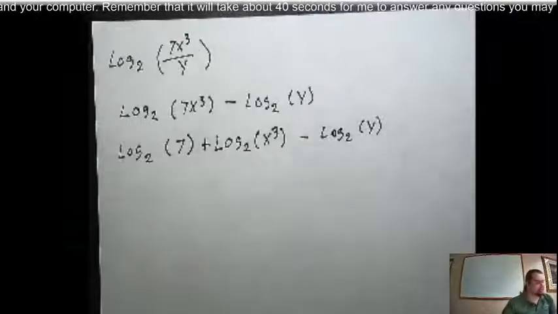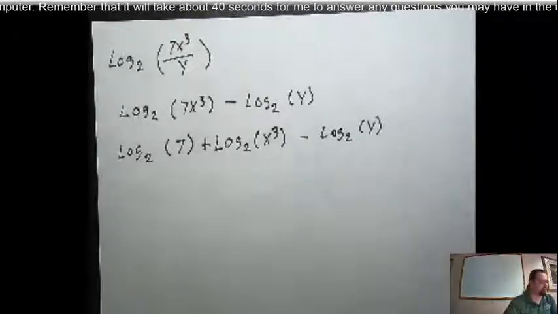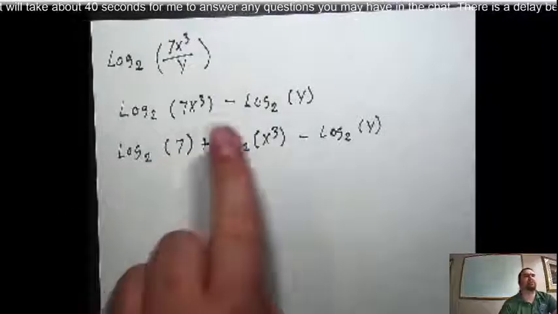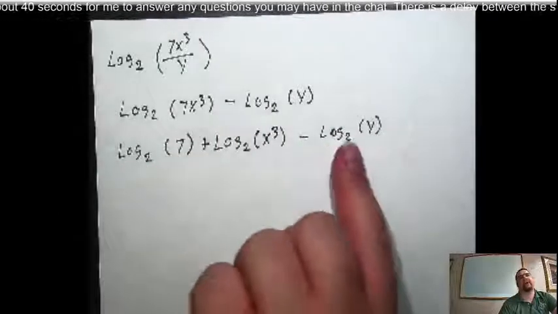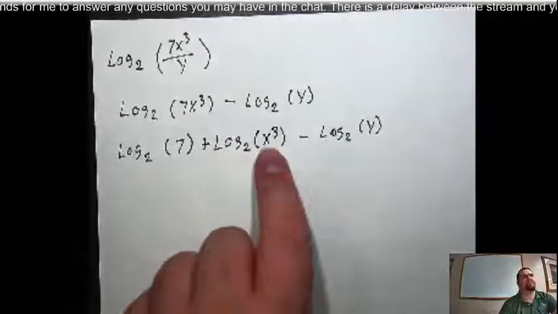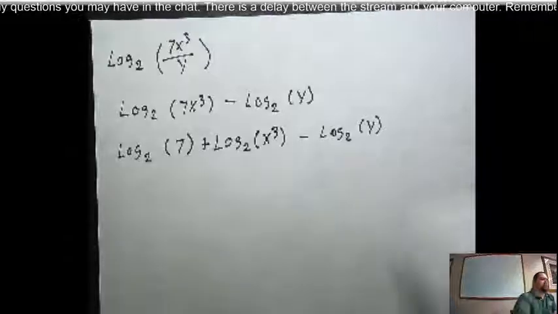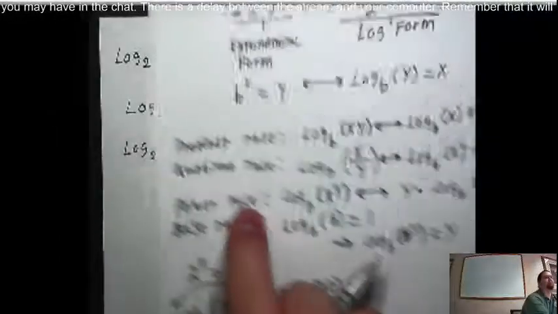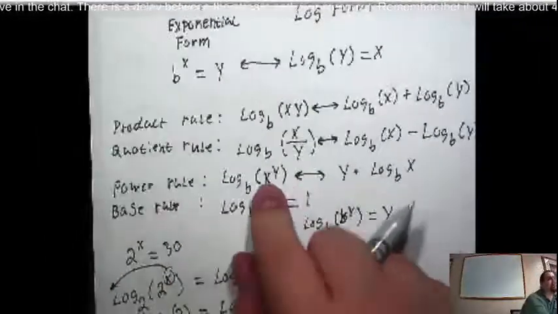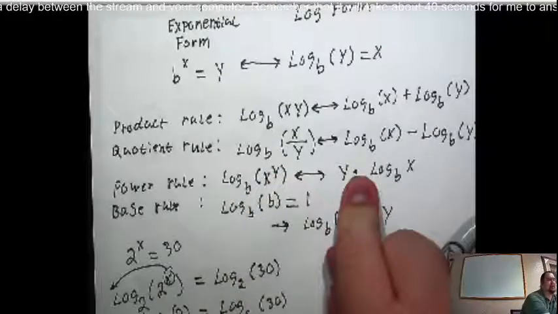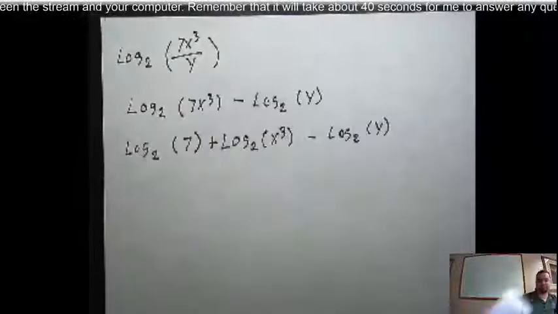Is there anything else I can do to expand this? Well, let's see. Log base 2 of 7, that's pretty simple. Again, we said that log base 2 of y is pretty simple. Log base 2 of x to the third, there's another rule that we can use. Power rule. Power rule says that if we have the log of something raised to a power, we can take that power and multiply it by the log.